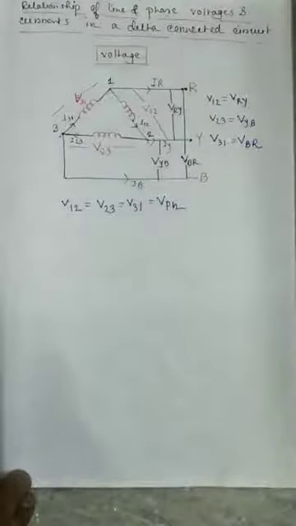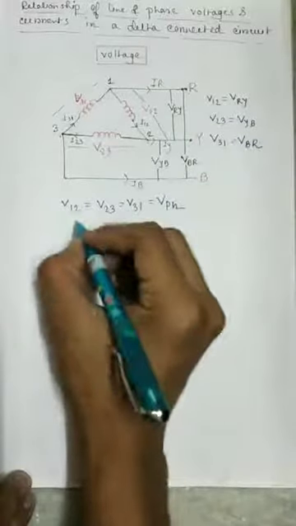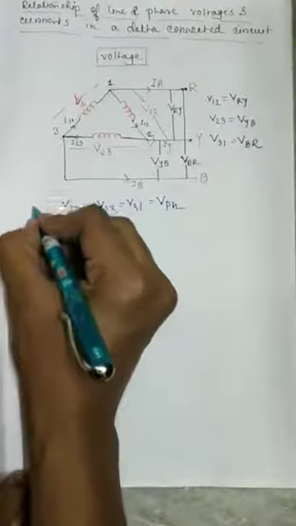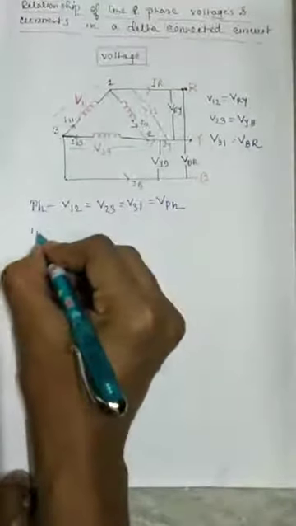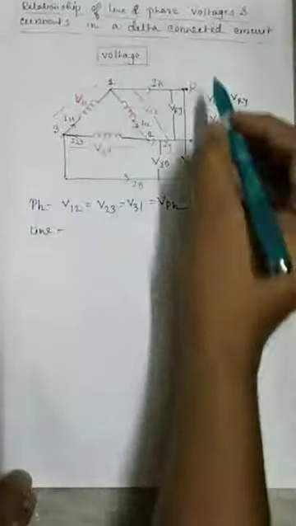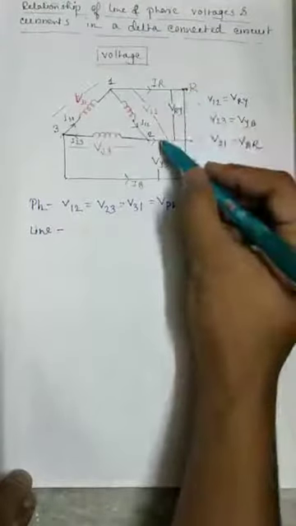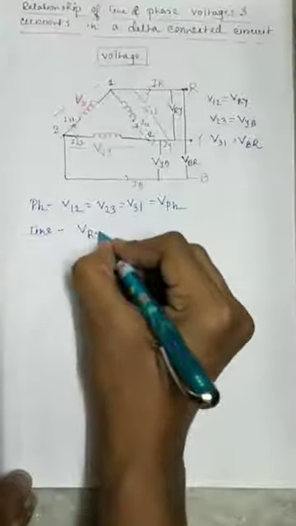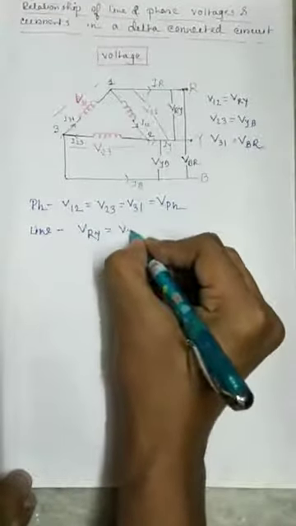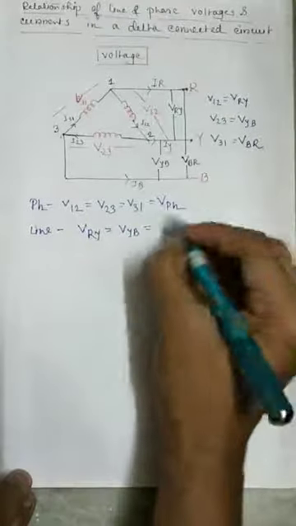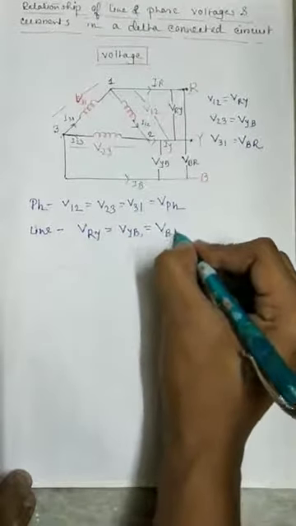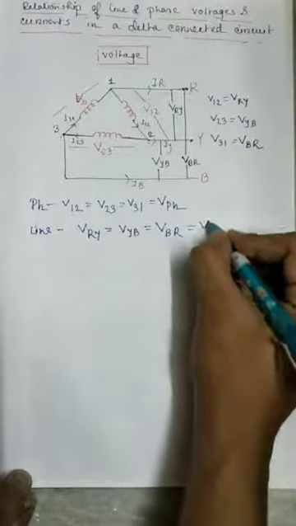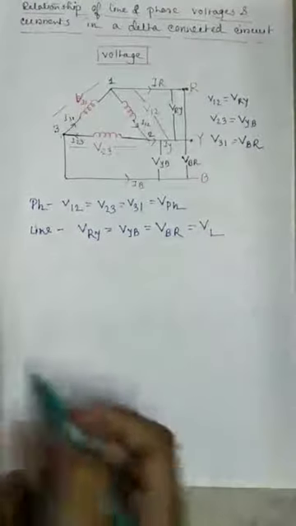And the line voltages are VRY, VYB and VBR, which are the line voltages.